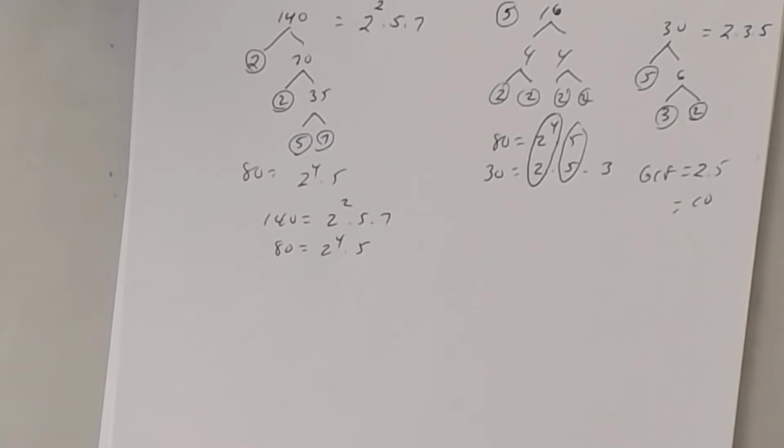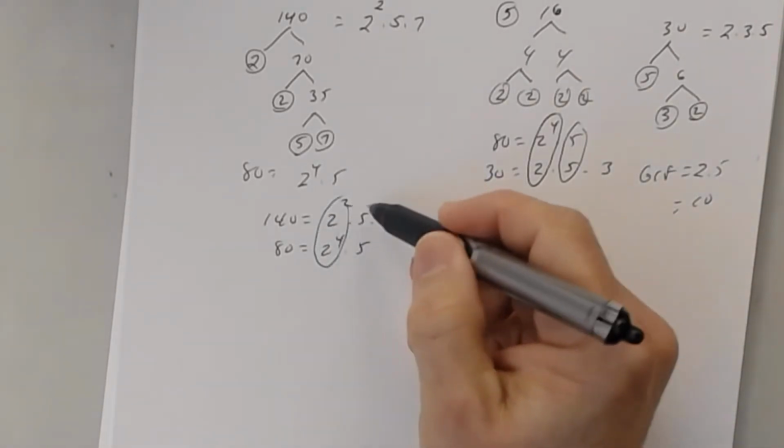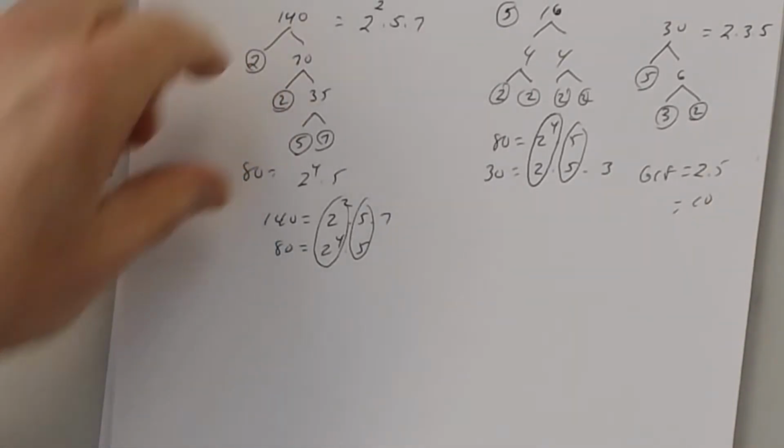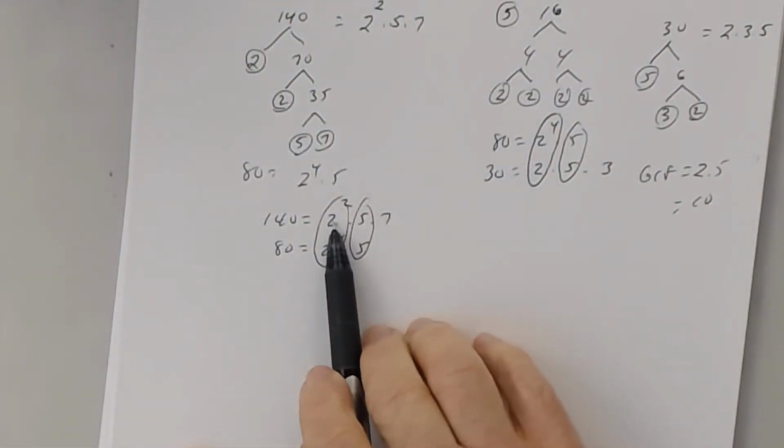Okay. As part of my GCF, am I going to use 7 at all? No, because 7 is not a factor of the other one. So I'm going to circle the factors of 2 here. I'm going to circle the 5. So I know that I'm going to need at least one factor of 2 and at least one factor of 5.